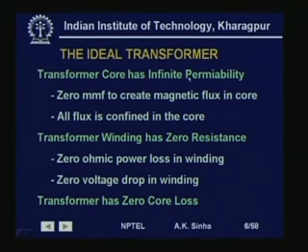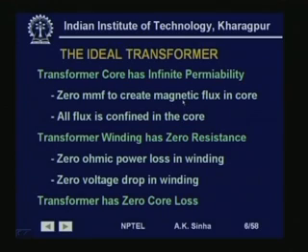It means that there is no MMF required to create the magnetic flux in the core. That is, there is no exciting current required to create the flux. All flux is confined in the core.